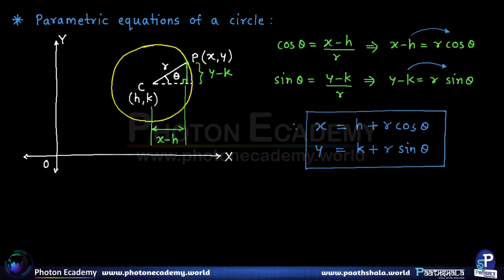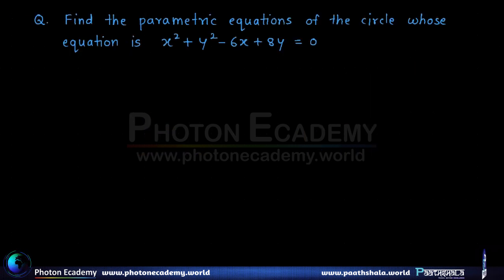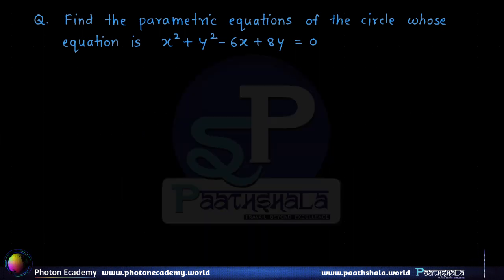Now let us see one example based on writing the parametric equations. Find the parametric equations of the circle whose equation is x square plus y square minus 6x plus 8y equal to 0. Let's keep ready the parametric equations which we just derived.